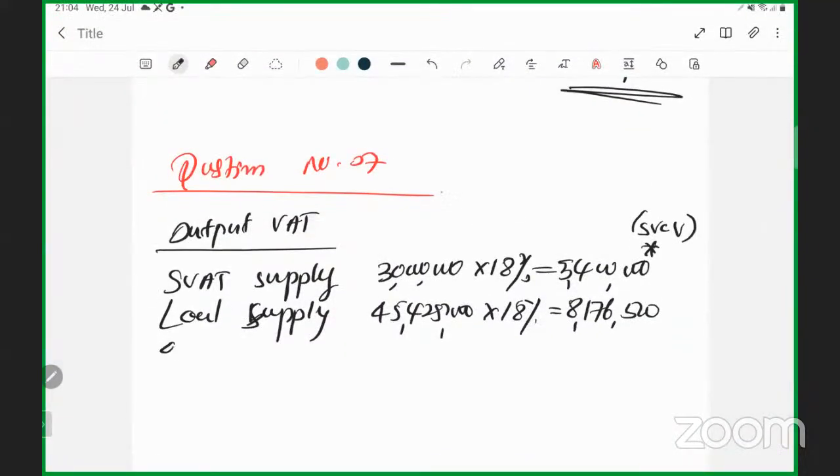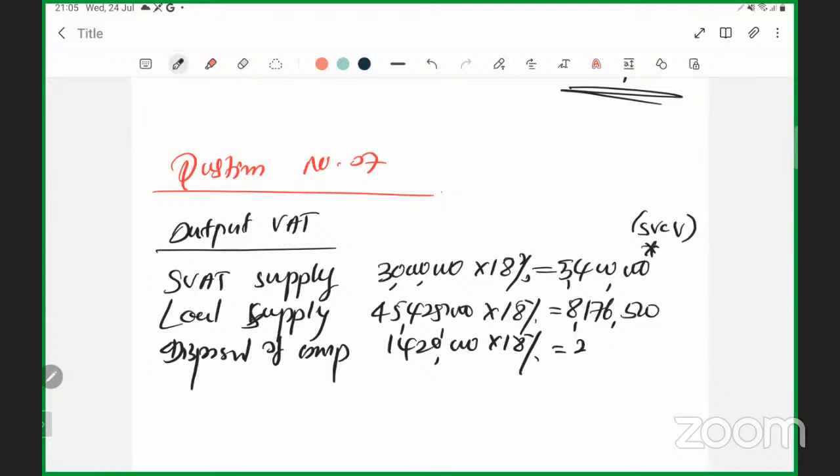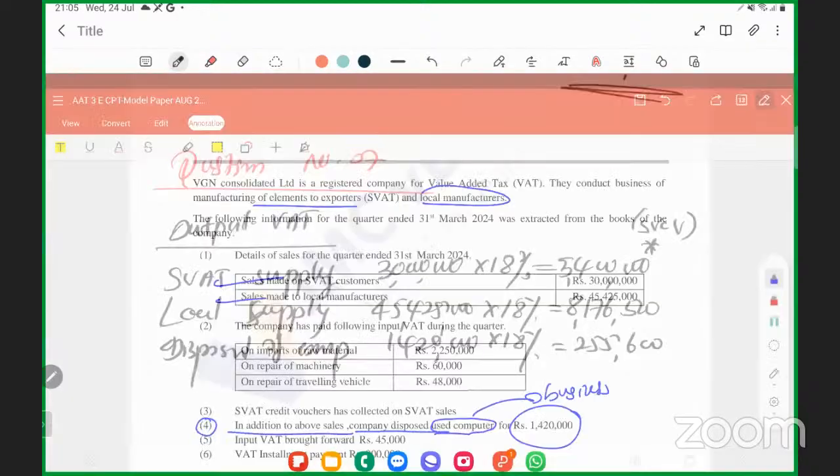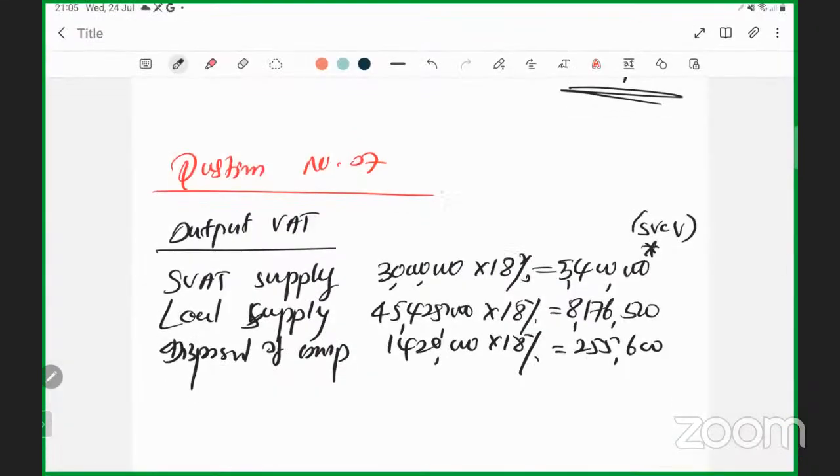Disposal of computer: 1,420,000 into 18% gives 255,600. That's all. Now you can get the total.